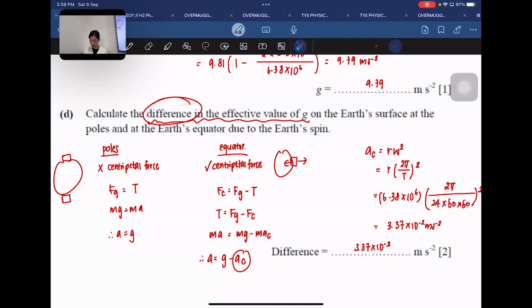But if you were to calculate the acceleration at the equator, it's acceleration due to free fall minus your centripetal acceleration. So since the question says I want the difference in terms of gravitational field strength between the two, that's where the centripetal acceleration constitutes the difference in gravitational field strength.